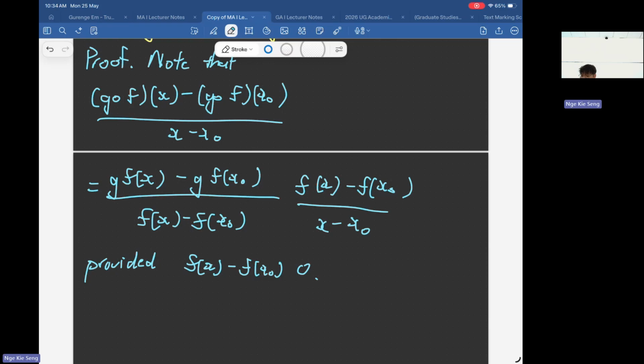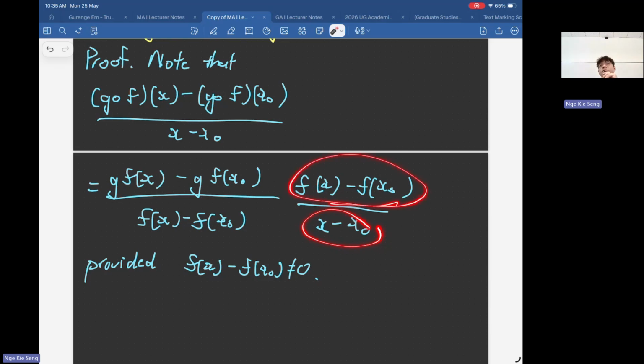But for f(x naught), you cannot control it, because you just apply f on it. x_n won't converge to x naught by choice, but f(x_n) cannot be controlled, it could be f(x naught). So we need to do some trick here.